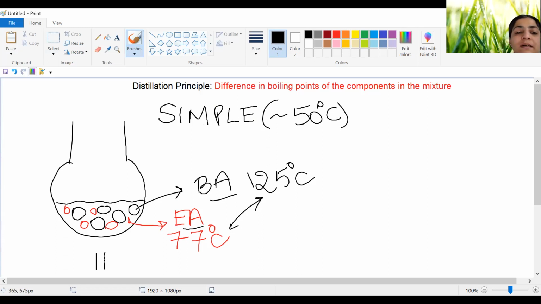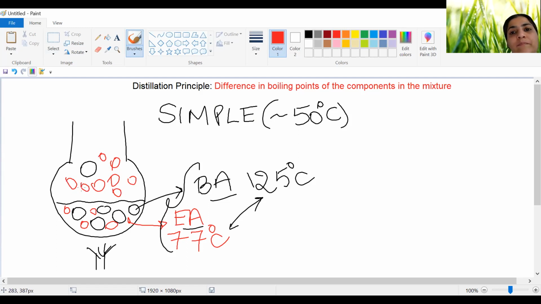So when we heat our solution, both of these materials, being volatile, will convert into their gaseous form. So in the vapor, we will see mostly ethyl acetate and some butyl acetate also.